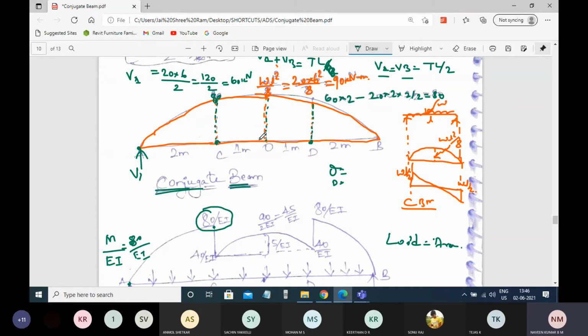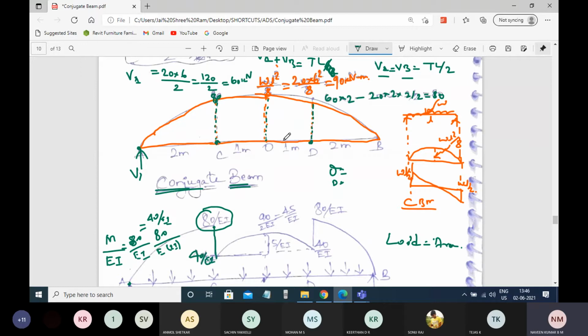Again come to the CD span. At point C you have M equals 80, E equals E and I equals 2 times I, so this reduces to 40 by EI. Again at the same line, it is 40 by EI.